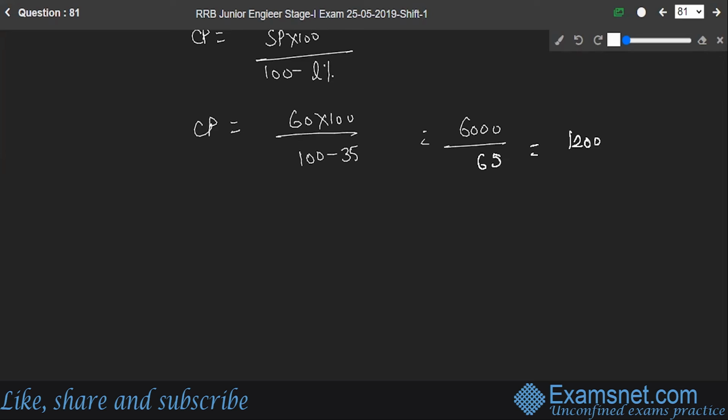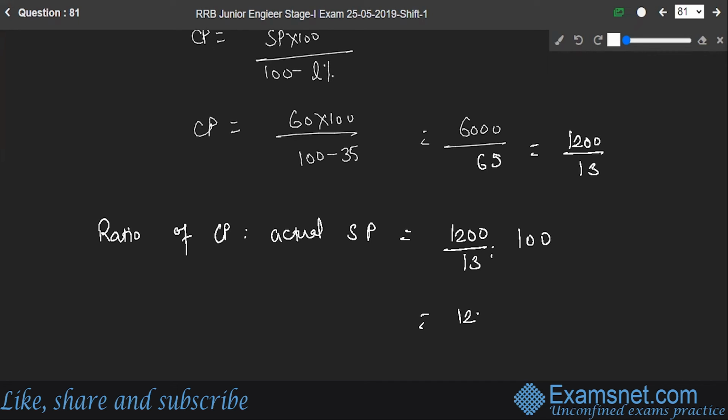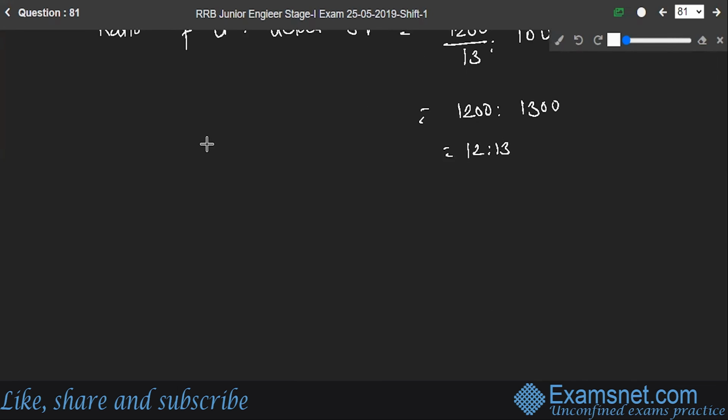Correct, which will give you 1200 upon 13. So that means the ratio of CP to actual SP is this to 100, which is equal to 12:13. Now, therefore, this is the ratio for CP to SP.